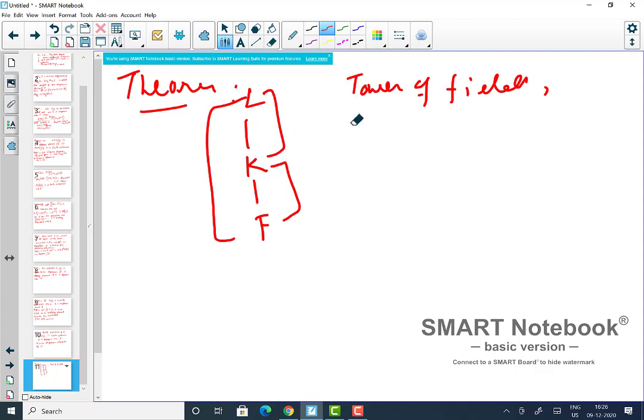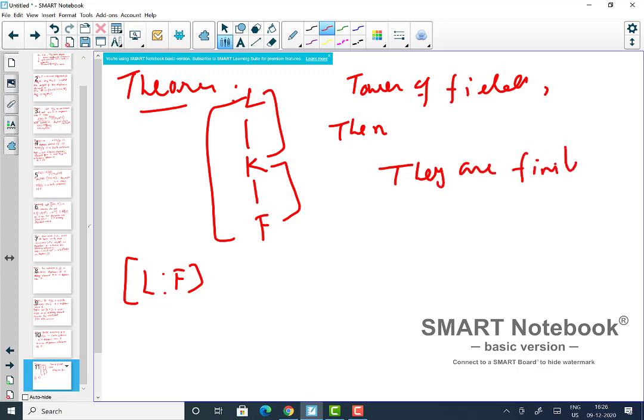And the answer is, you can say that the dimension of L over F as a vector space, so I'm assuming that these are finite extensions.